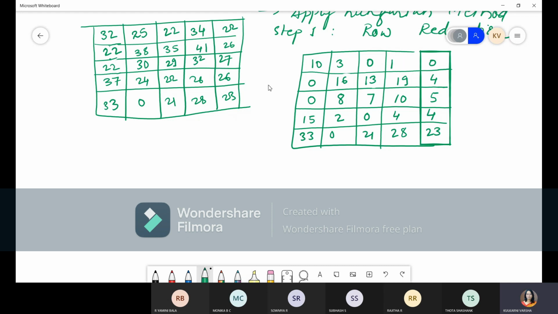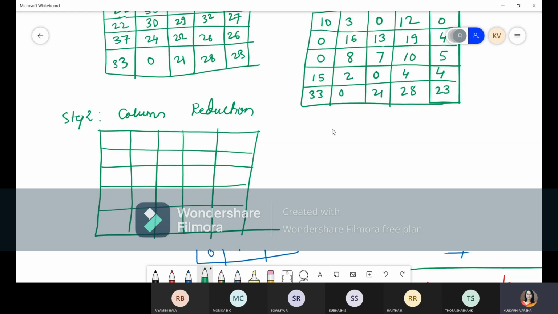Now the next is column reduction, right? So for step 2, column reduction. So in the first column, 0 is there, so there won't be any change. So we can write as it is. The next column, again 0 is there, so we will write as it is.